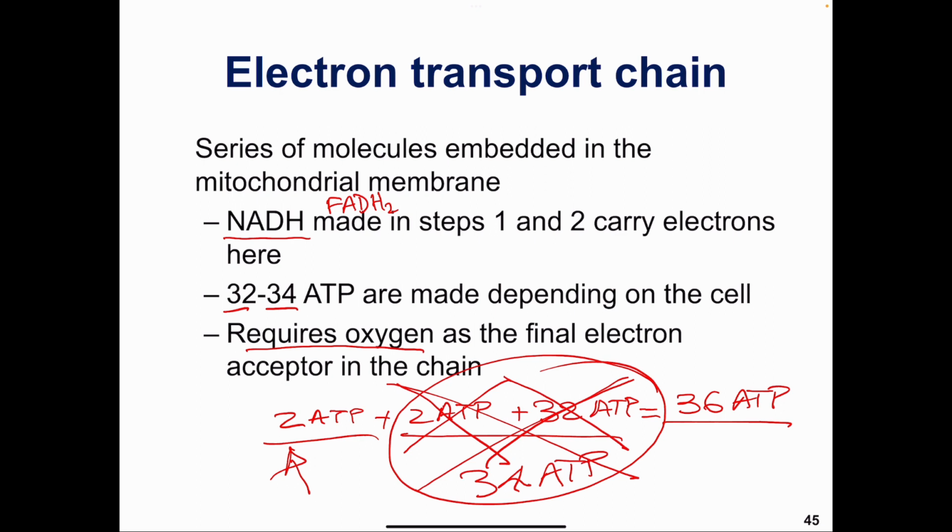That's why we die within 6 minutes when we ingest a poison such as cyanide, right? So, I want you to remember that oxygen is required for all reactions that happen in mitochondria. However, oxygen is not required for reactions that happen in the cytoplasm.